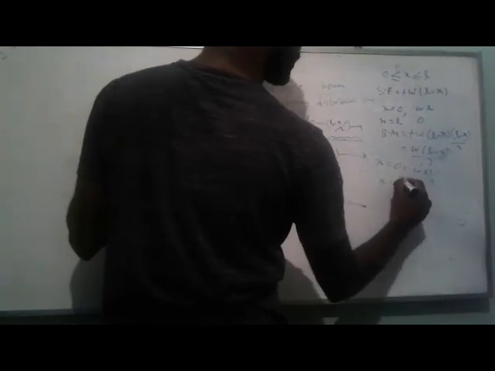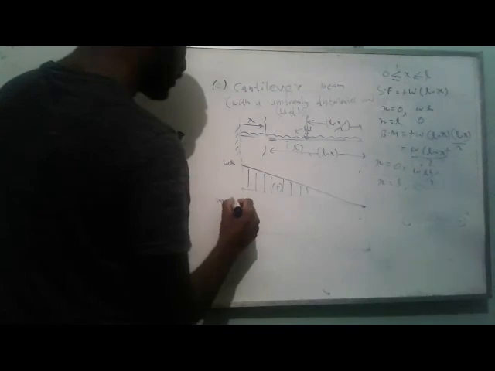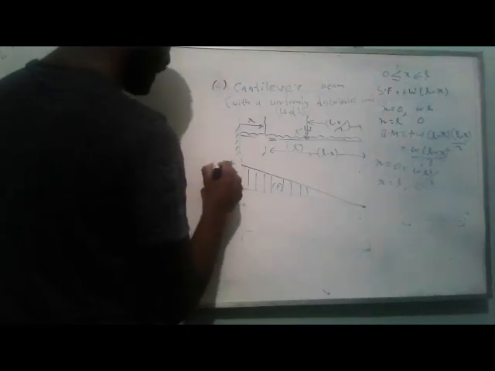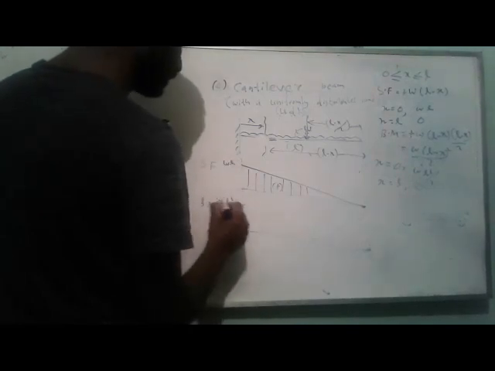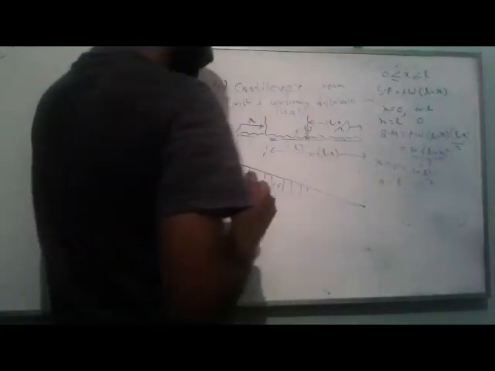When x is equal to L, you get 0 bending moment. That means here you get W L squared over 2 in the bending moment diagram, and here you get 0. Here as well you get a parabolic variation, because you get a quadratic equation in x. So you get this kind of variation.